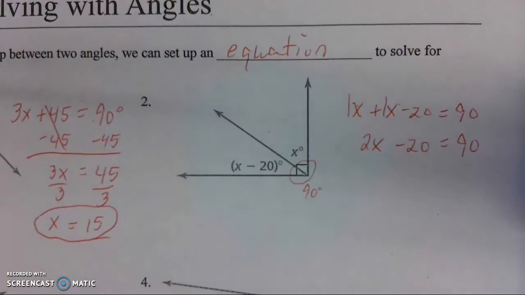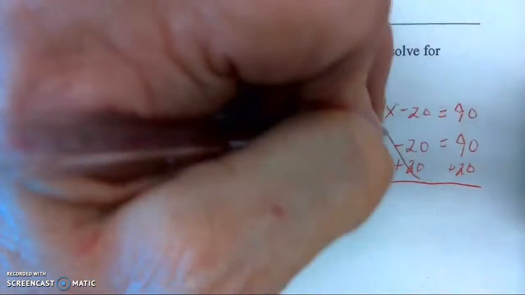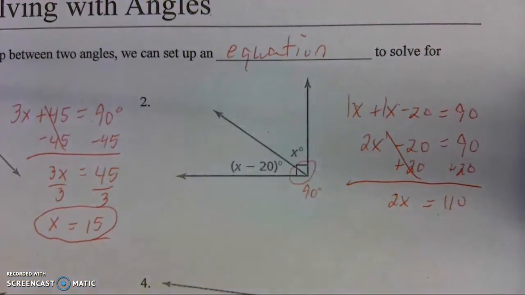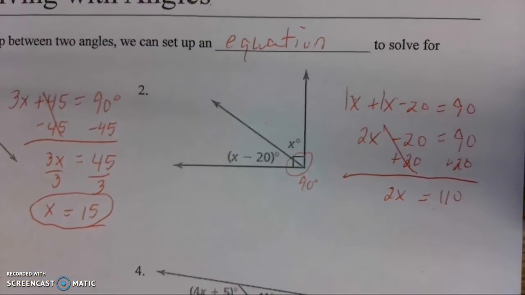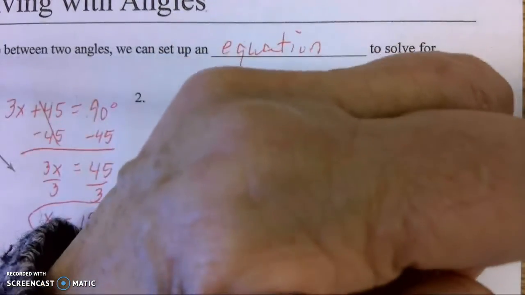And now I'm back to a two-step equation. Add 20 to both sides. That's going to leave you with 2x equals 110. And then my last step is going to be to divide by 2. When I divide 110 by 2, I get 55.